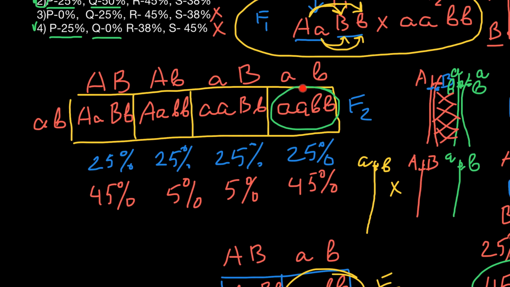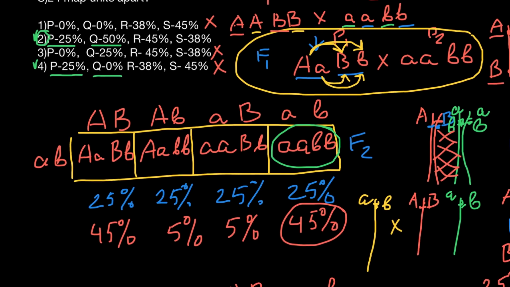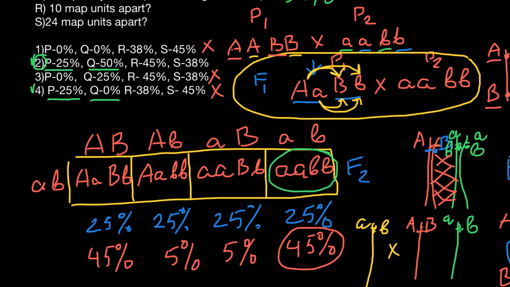So these are the originals, and these two are recombinants. So again, we're interested in this variant, and as you see, 45% is going to be our answer. And let's check here, and again we have our answer, 45%.